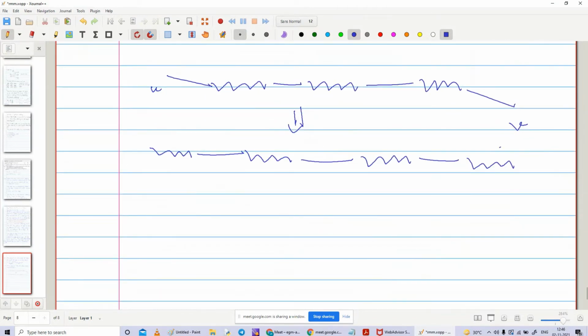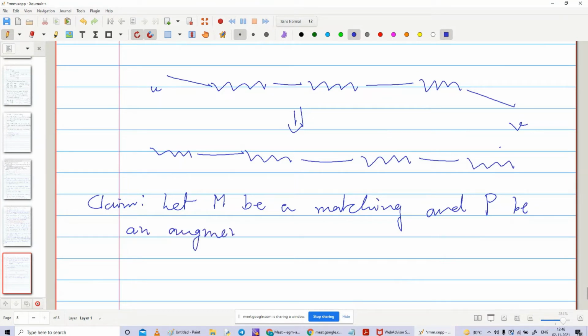Okay, so let me write it down. We have a small claim. Let M be a matching and P be an augmenting path.